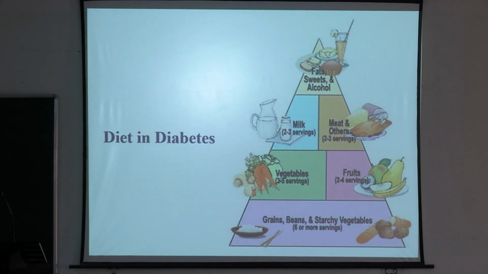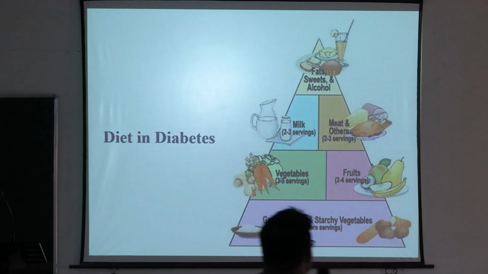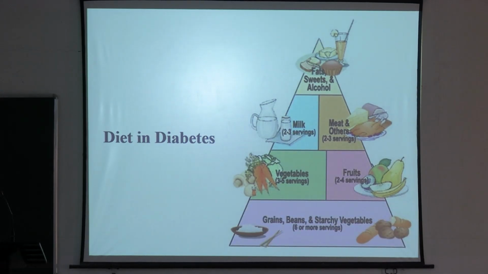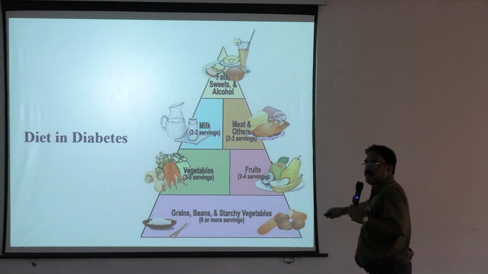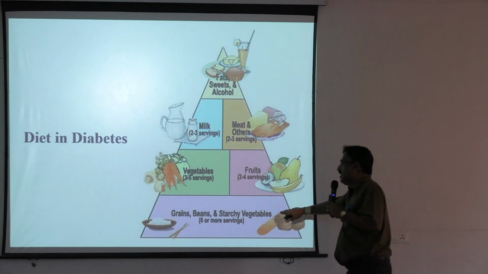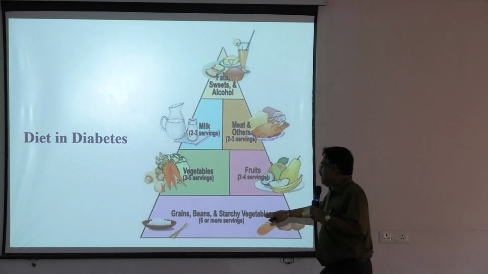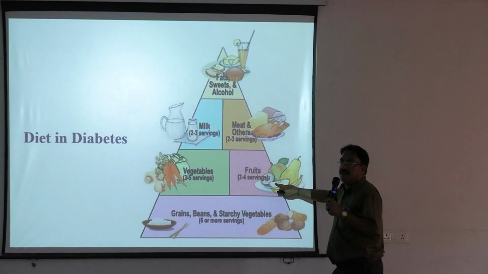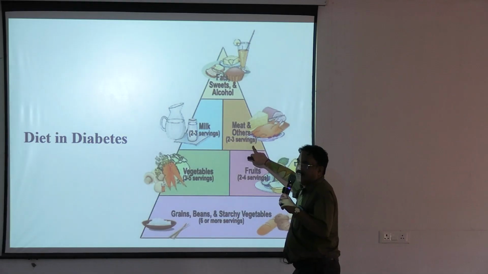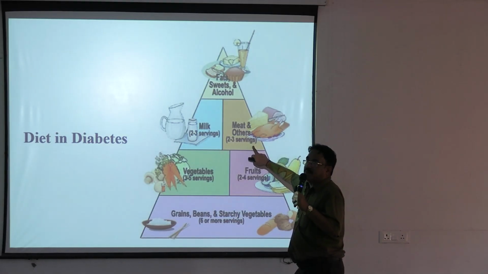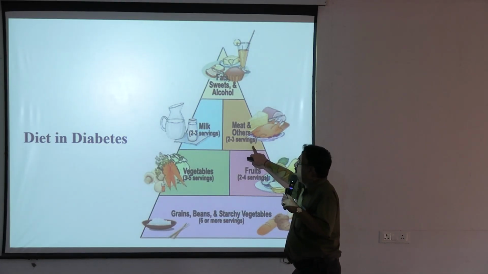So if you look at the diabetes food pyramid, the maximum should be green vegetables, grains, beans and starchy vegetables. Then you should have 2 to 4 servings of fruits and vegetables. Then you can have meat. Nowhere is it said that you cannot have fish or meat for diabetes.